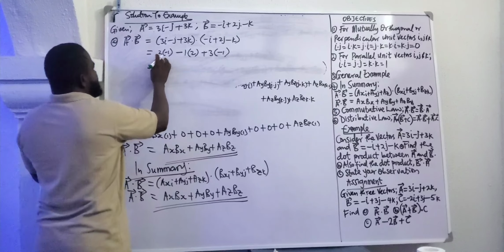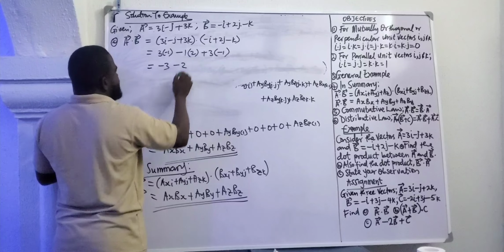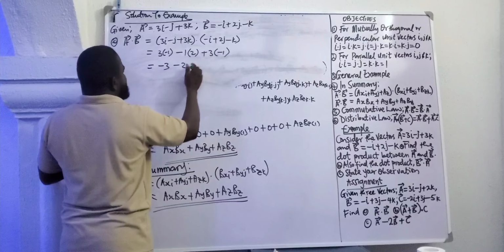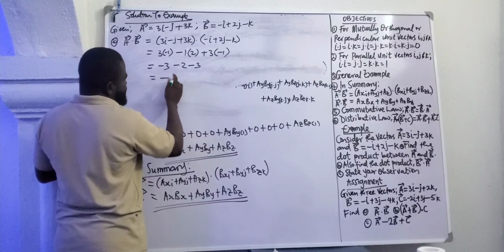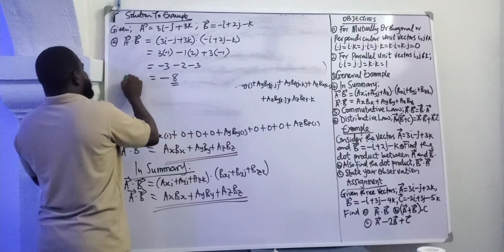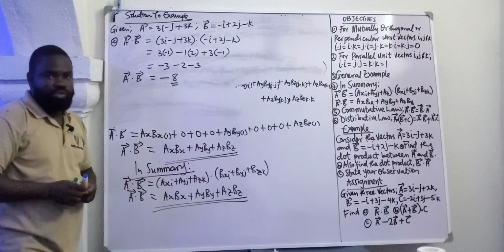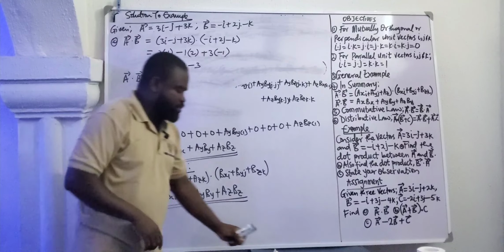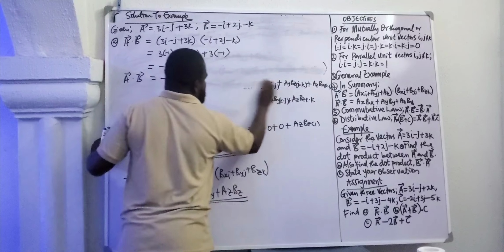So 3 times minus 1 is minus 3. Minus 1 times 2 is minus 2. Plus 3 times minus 1 is minus 3. So that gives me what? Minus 8. You see, that gives me a scalar quantity. So if you dot two vectors, the resultant will be what? A scalar and not a vector. That is what that shows.